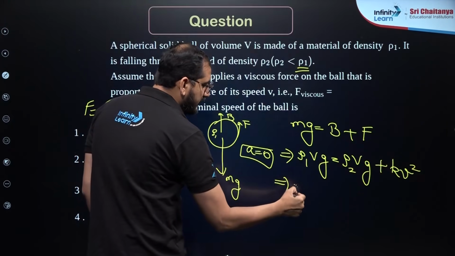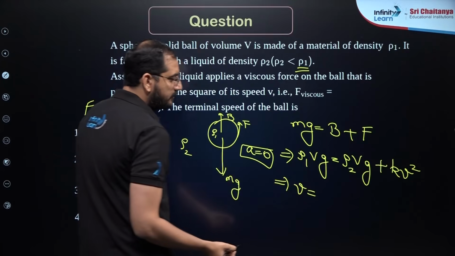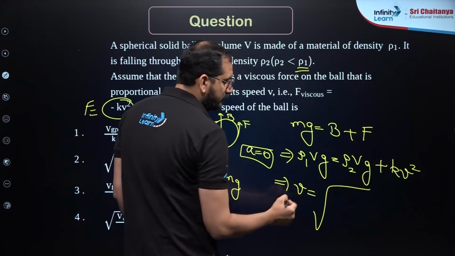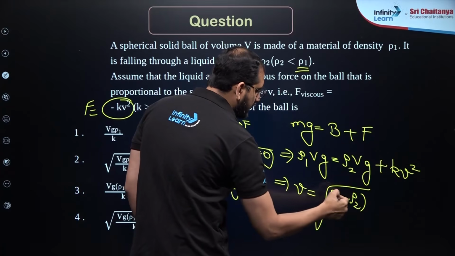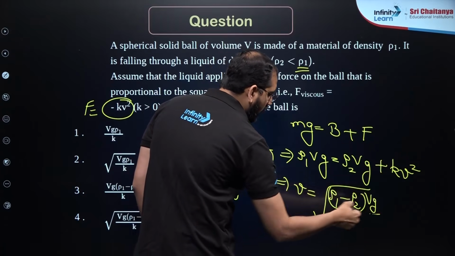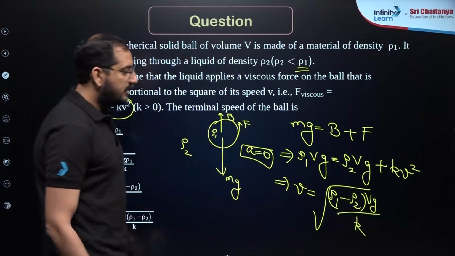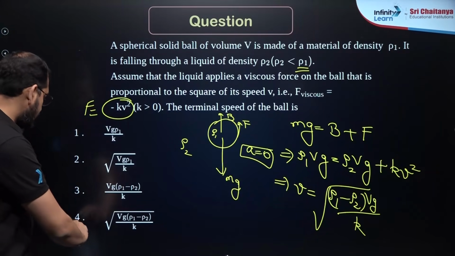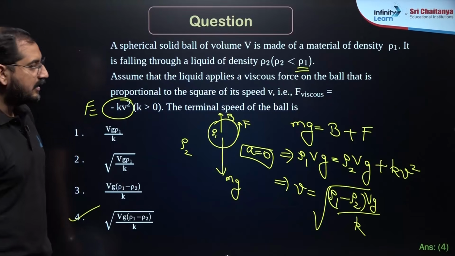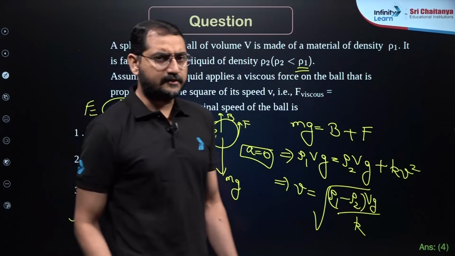So from here we can calculate the value of velocity, with a square root sign. And this will be ρ1 minus ρ2. Vg we can take common and small k will go in the denominator. And that's how we can write down the velocity. So yeah, option 4 will be the correct match. I hope this question is clear.